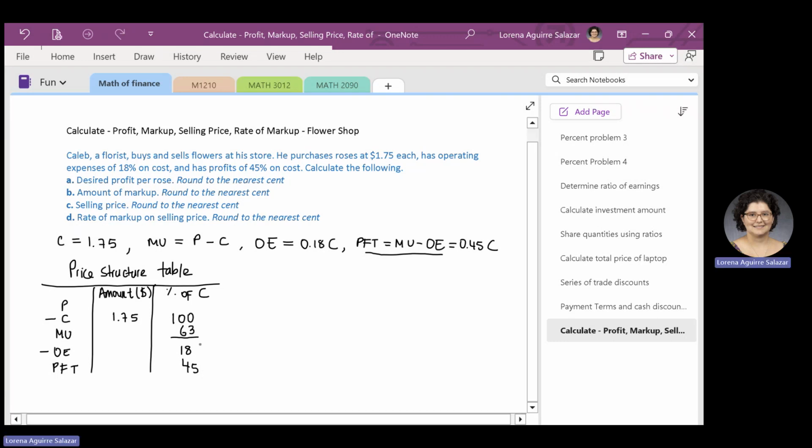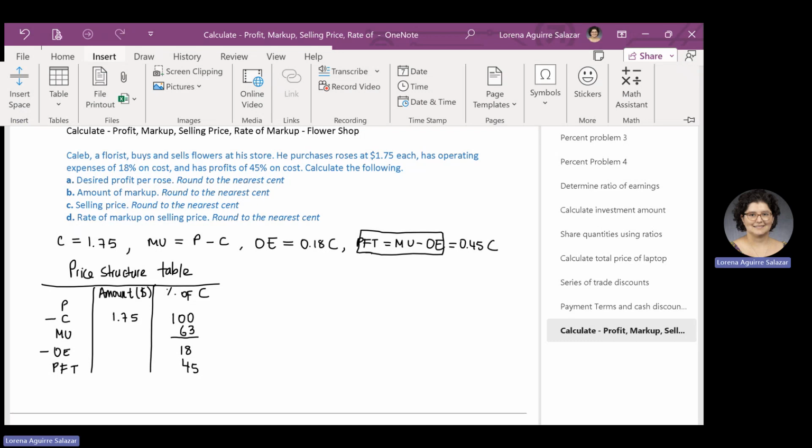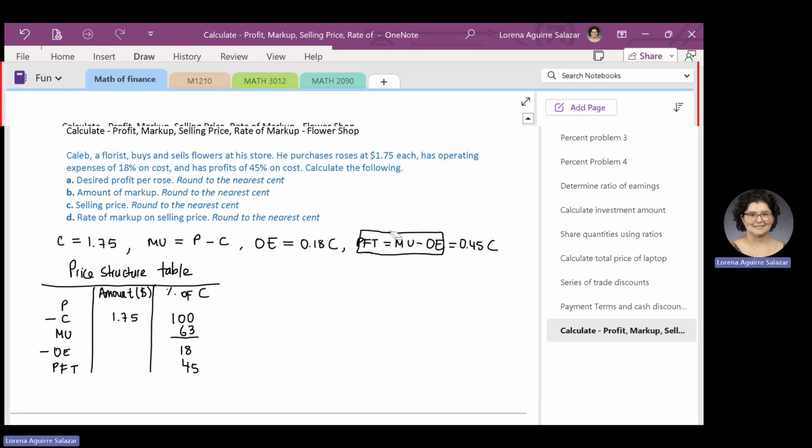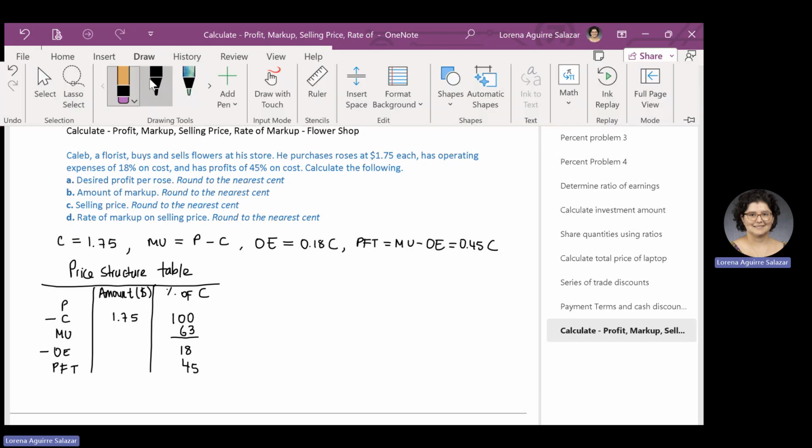Because when we add 18 and 45, we get 63. So markup is 63% of the cost based on this equation right here. We inferred that markup is 63% of the cost because profit is 45% of the cost and overhead expenses are 18% of the cost.